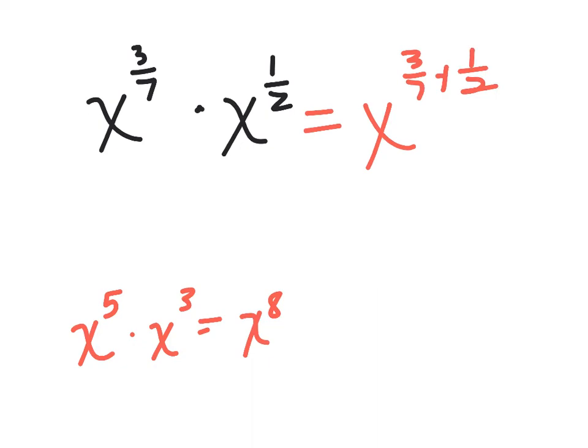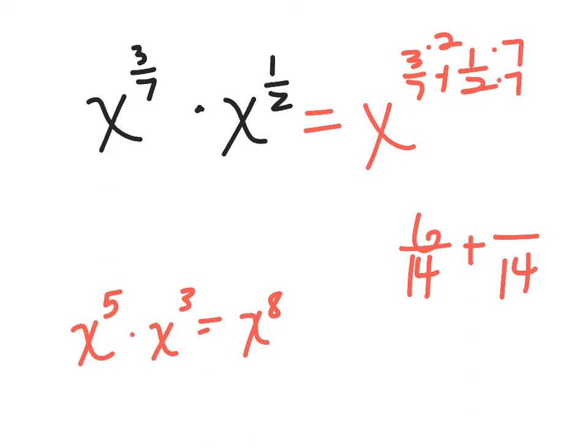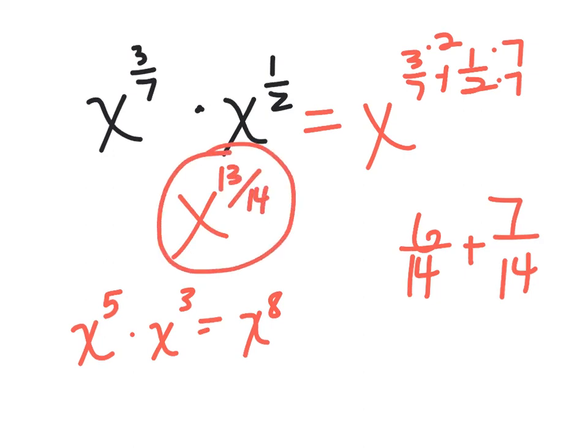Again, we need a common denominator, so I'm going to change them both to 14ths. I'll do this times 2, which gives me 6/14, and this times 7, which gives me 7/14. Adding those together, I end up with x to the 13/14 power, and that would be my simplified answer.